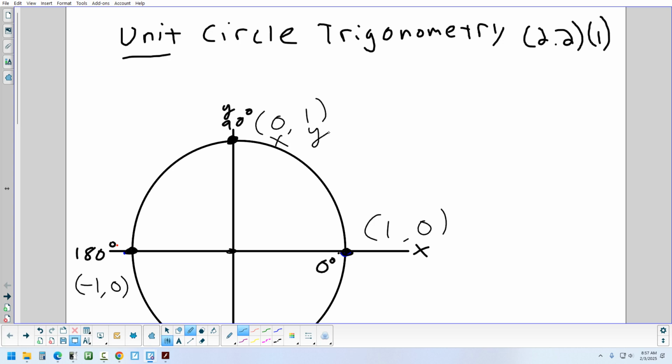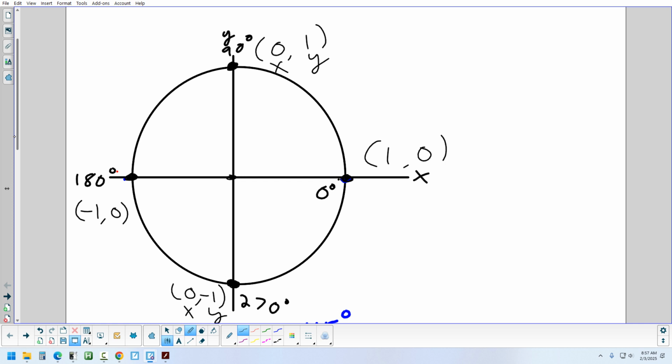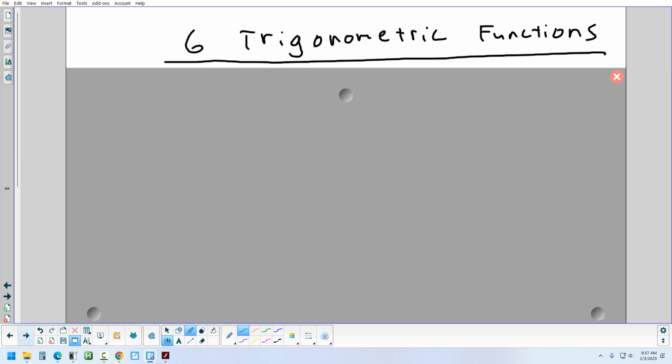So if you can't figure out the location for the angle that you are working with, then you're not going to be able to do unit circle trig. You have to be able to figure out these coordinates. And right now, I've only shown you how to find 4 of them: 0, 90, 180, and 270. During the week, I'm going to show you how to do some of the others.